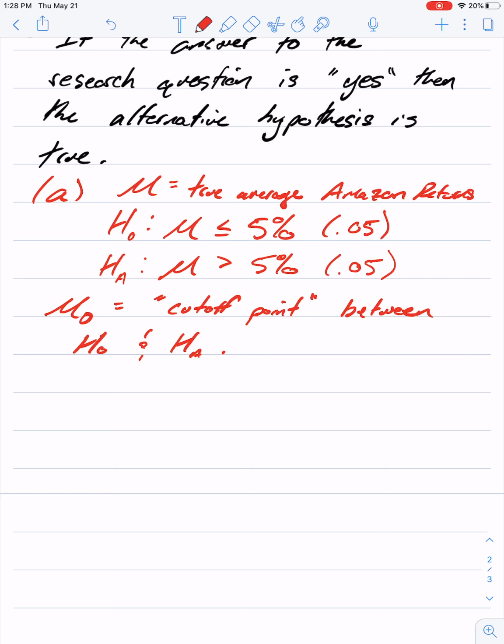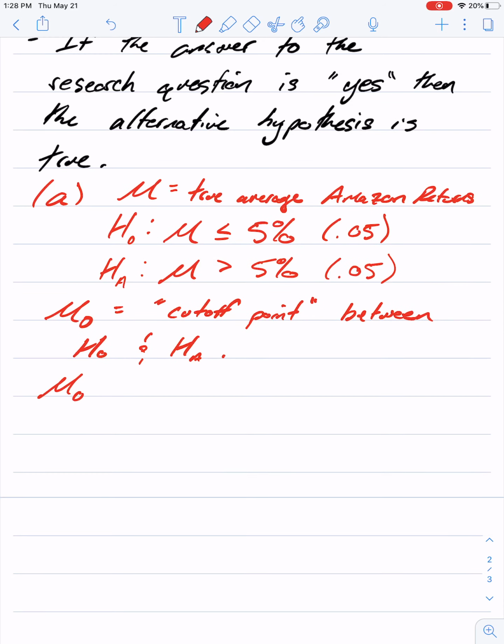In this problem, mu naught is equal to 5% or 0.05, because that is the number that divides these two hypotheses, right? Because if you're greater than that number, you're in the alternative hypothesis world. If you're less than or equal to that number, you're in the null hypothesis world.